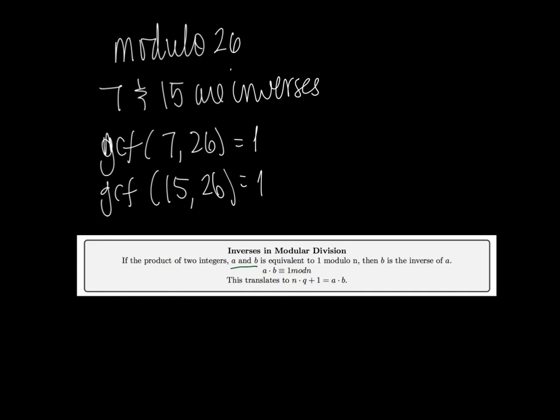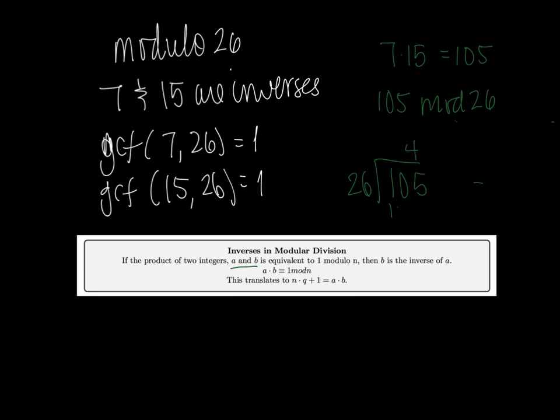So let's look at this. 7 times 15 is equal to 105. 105 mod 26: if I take 105, 26 is going to go in 4 times, which is 104. So I have a remainder of 1.